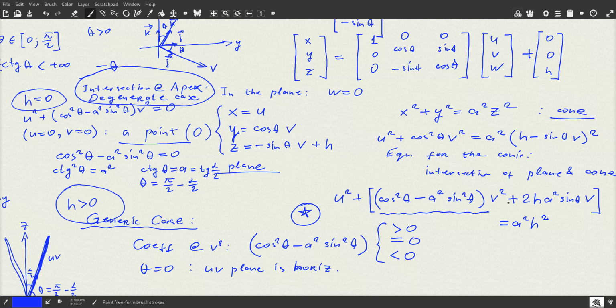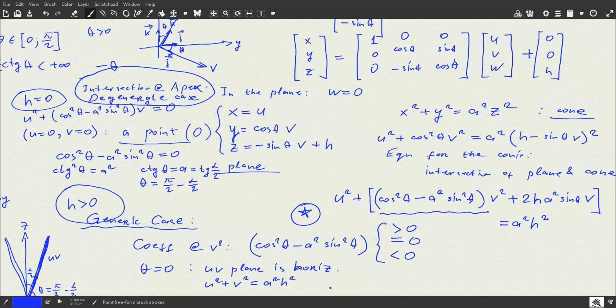Sine theta is 0, so we have cosine squared theta, which is 1, u squared plus v squared equals a squared h squared. This is a circle. Okay?